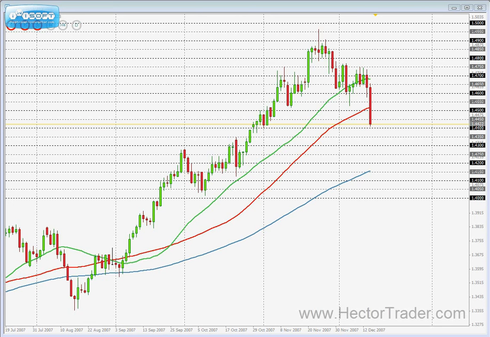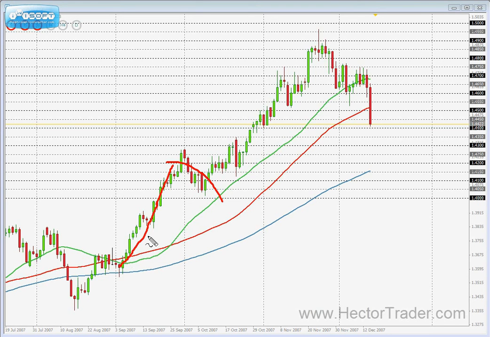As I was mentioning in the course, when we have a clearly trending scenario, price is bound to eventually retrace back to the dynamic area of support and resistance, to the moving averages. Every swing is formed by two waves.